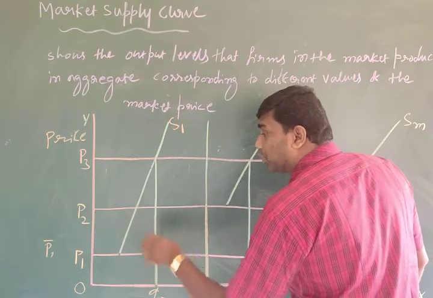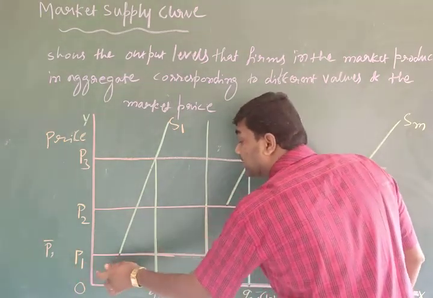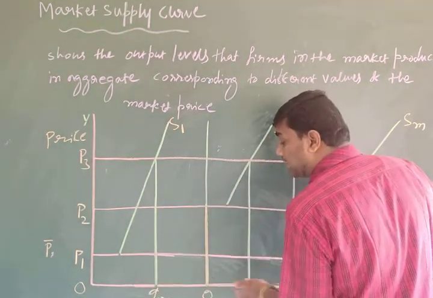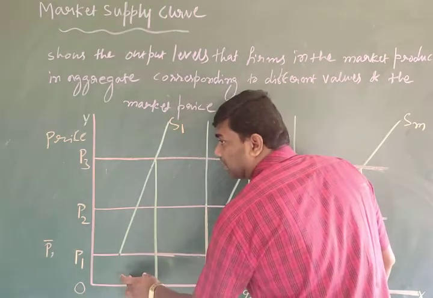When the price is less than P1, the firm is not ready to produce anything.